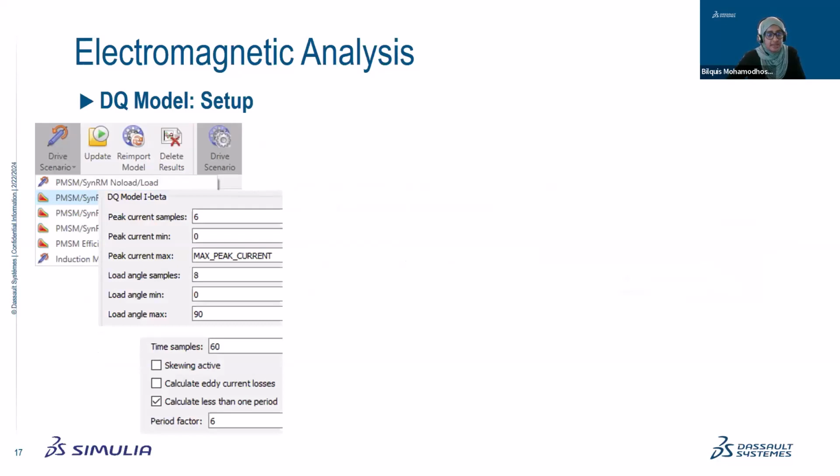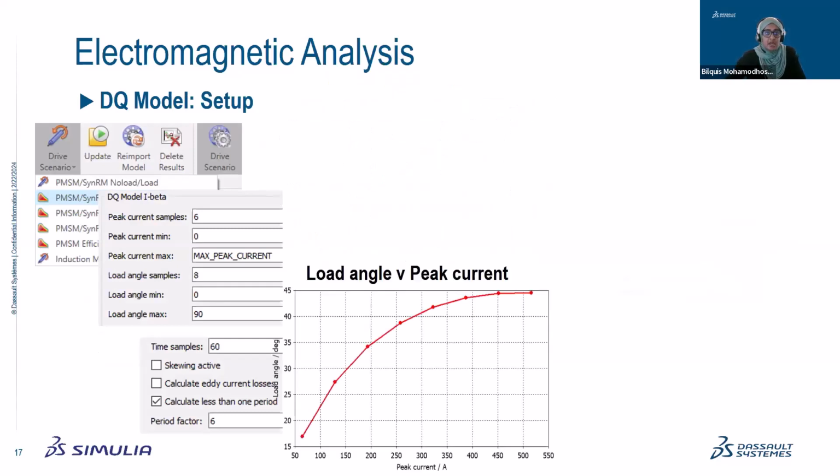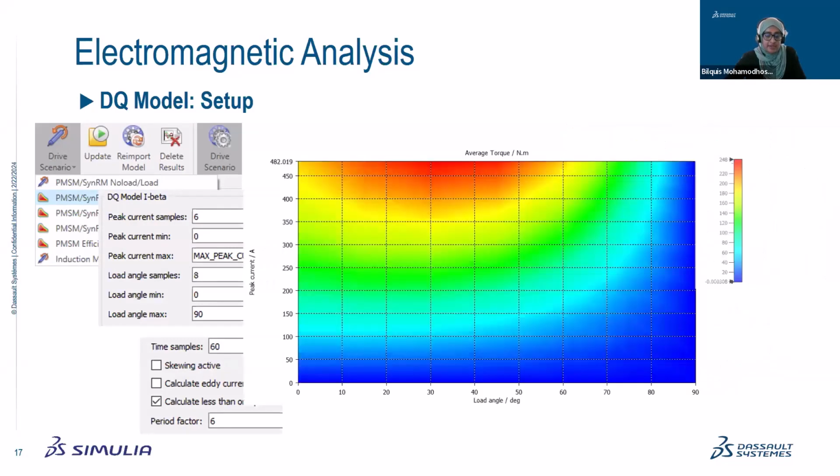All you need to do is enter your various parameters like load angle, current values, and the number of time samples that you want. From there, you can have different outputs like torque versus current, load angle versus current, and torque and load angle as a function of current, as you can see in this nice diagram relating all three. This will be used later in the dynamic characterization of the machine.